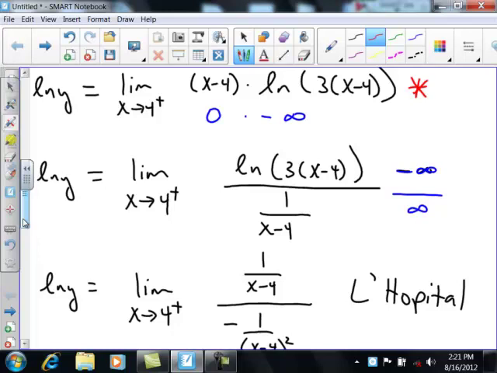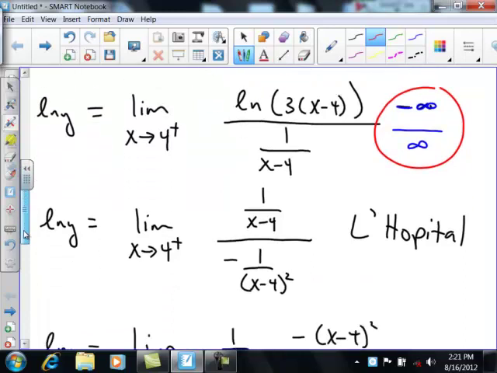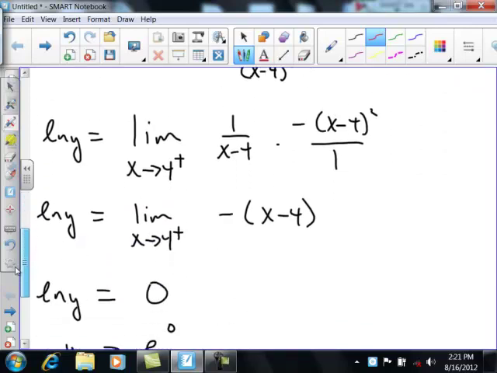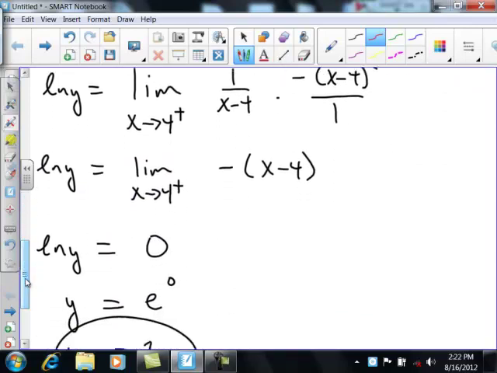And one certain type that you can use is some form of infinity over infinity, which I have. And now I can apply L'Hopital's rule, which means I took the derivative of each one of those, numerator, denominator respectively, and then did some simplifying, and that gave me a nice value of 0.